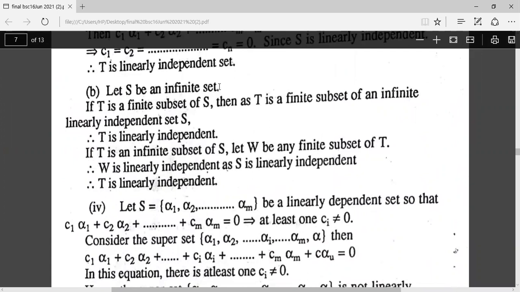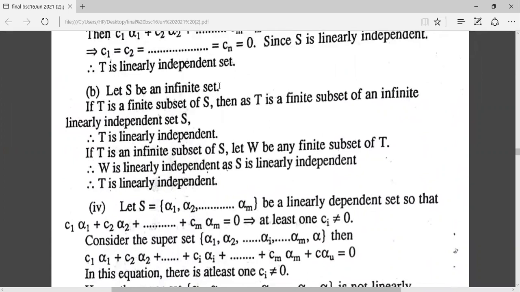Then also what do I have to prove? I have to prove that the subset T is linearly independent. Suppose T is a finite subset of S. Remember S is linearly independent and is also an infinite set. An infinite set can have a finite set as a subset.